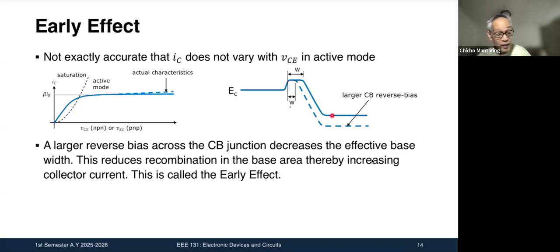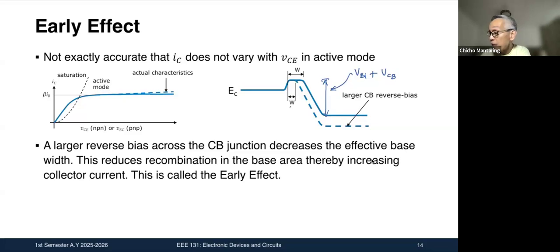Remember that this is your built-in potential VBI plus your reverse bias VCB.